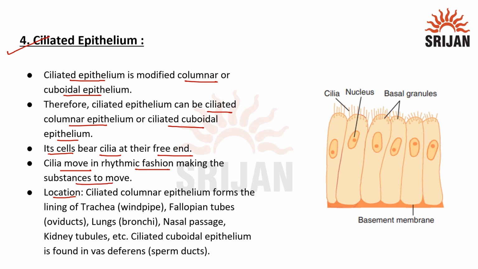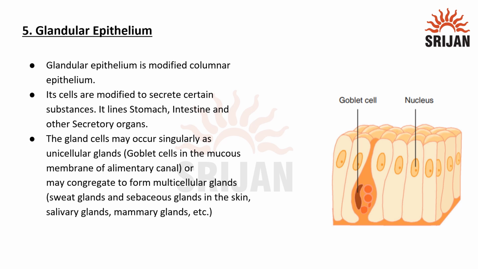Location of ciliated columnar epithelium is lining of trachea, fallopian tube, lungs, nasal passage, and kidney tubules, whereas ciliated cuboidal epithelium is found in vas deferens, that is sperm ducts. In this image we can see the free end has this hair-like projection called cilia, and hence such epithelium is called ciliated epithelium.